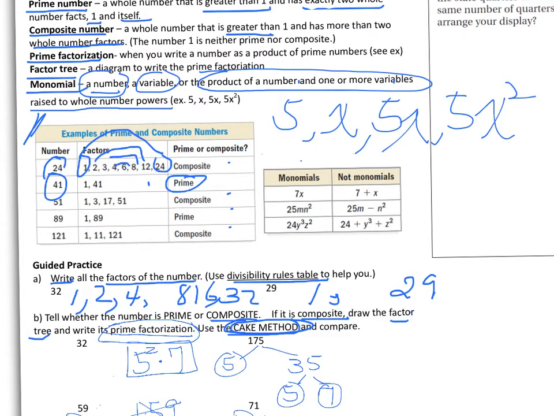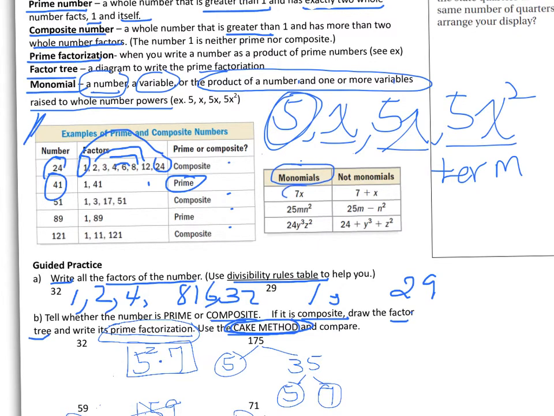Okay? And back in chapter 2, remember that a number can be considered a constant or a term. x is a term, 5x is a term, 5x squared is also a term. T-E-R-M. And now we're learning a fancier term, monomials.